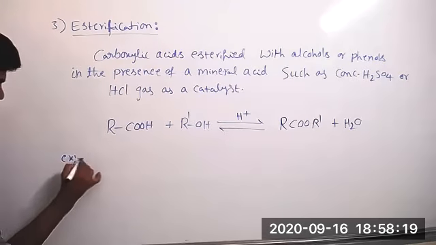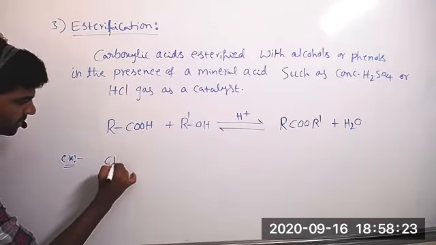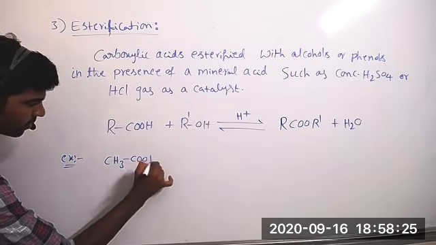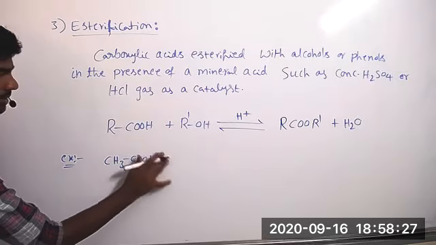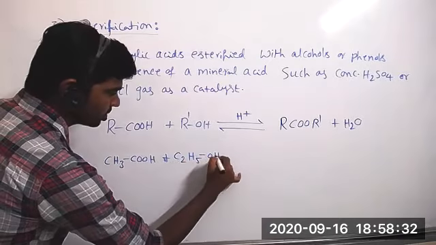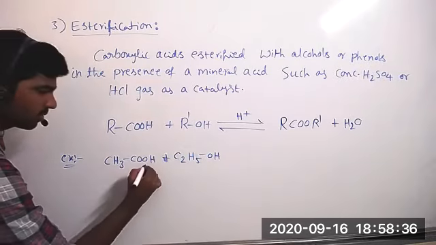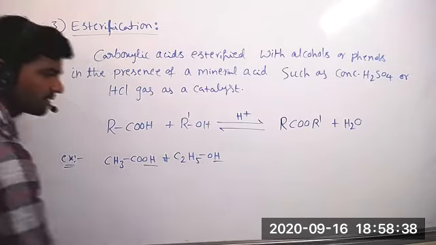Examples. Reacting acetic acid CH3COOH plus ethyl alcohol C2H5OH. So here loss of water molecule takes place. From here OH, from here hydrogen is lost.